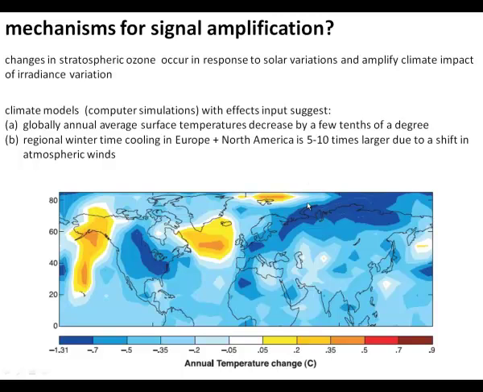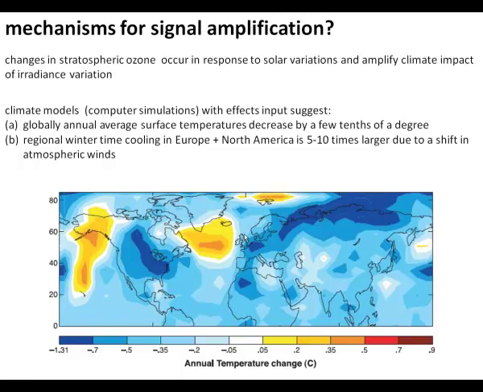We actually have effects that are 5 to 10 times larger than typical for the globe as a whole, and that's due to a shift in atmospheric winds as a result of these changes in solar irradiance. And in fact, you can also see there are some areas that actually show an increase in temperature over the course of the year, albeit relatively small.